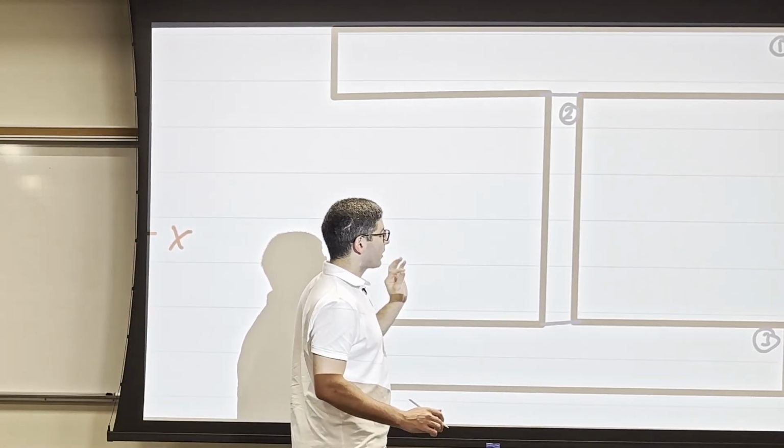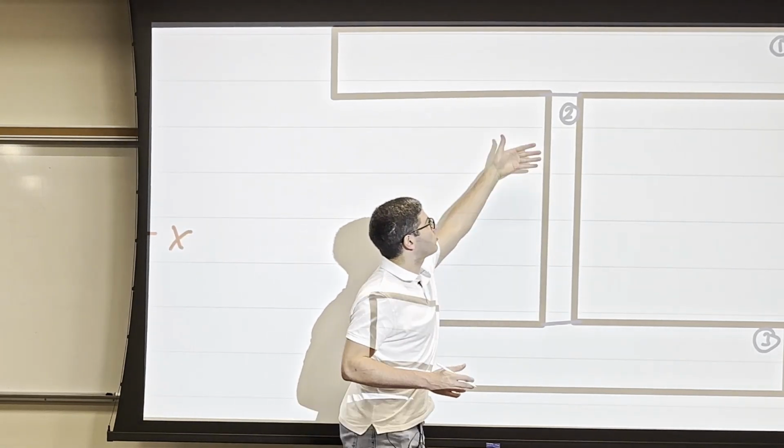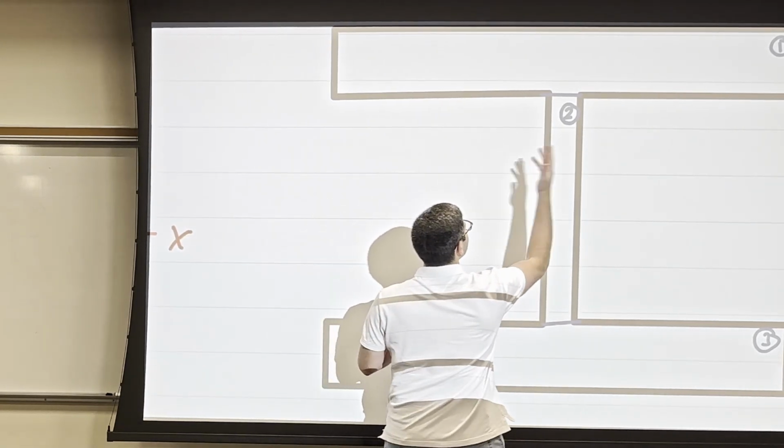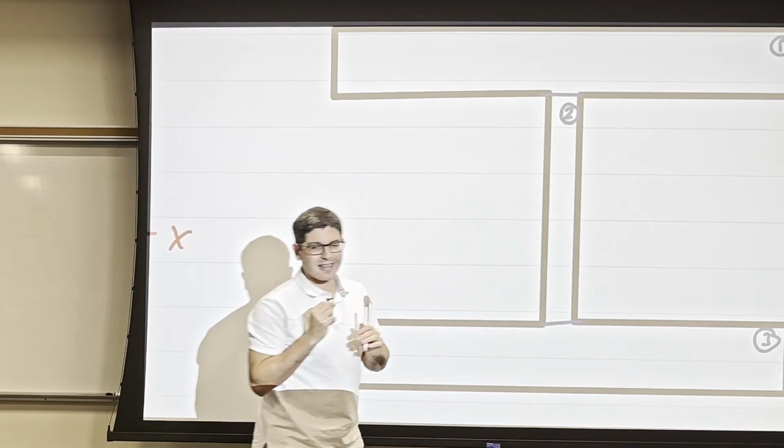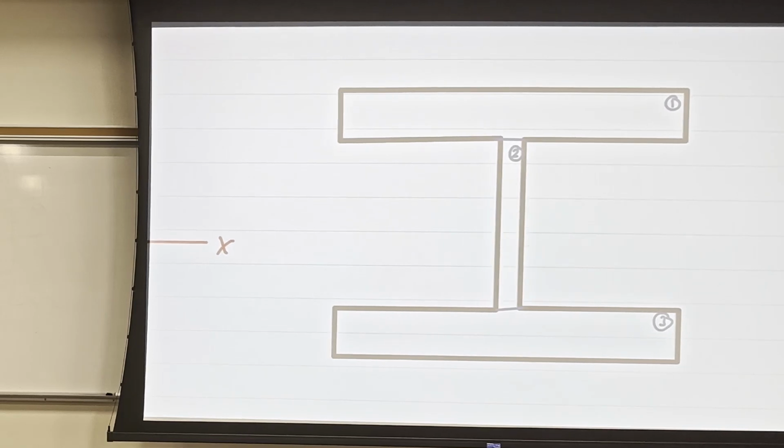I don't need to calculate the x bar and y bar because I know there's symmetry about x and symmetry about y. So in the middle here, that's the centroid of the whole shape, okay? So now I do have x and y, which is the centroid of this whole shape.